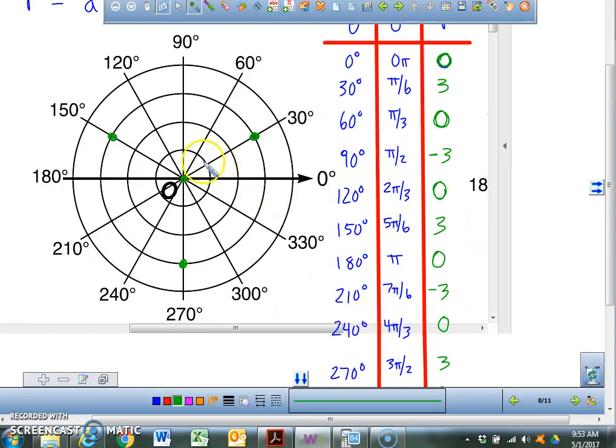So right now, I want you to create a graph that looks like this. See the boundaries that I'm using right here? Like that. And there's your graph of that particular rose.